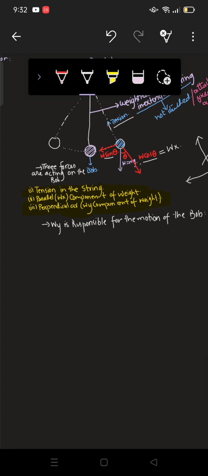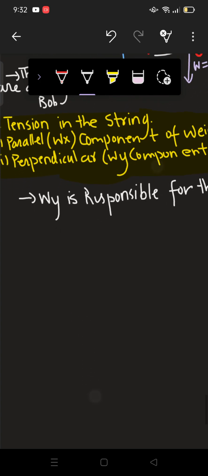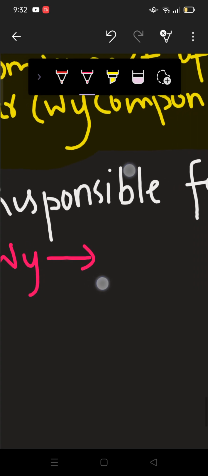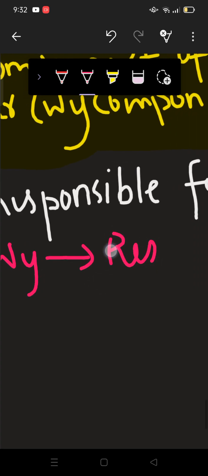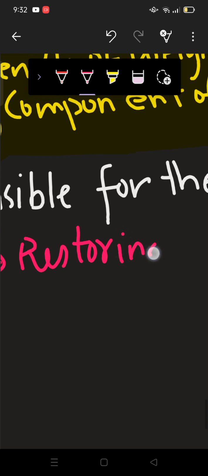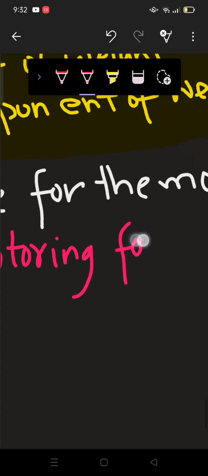Since tension and the Wx component don't work, they are not responsible for the motion. We can also say the Wy component is actually the restoring force, since it will restore the body towards its mean position.